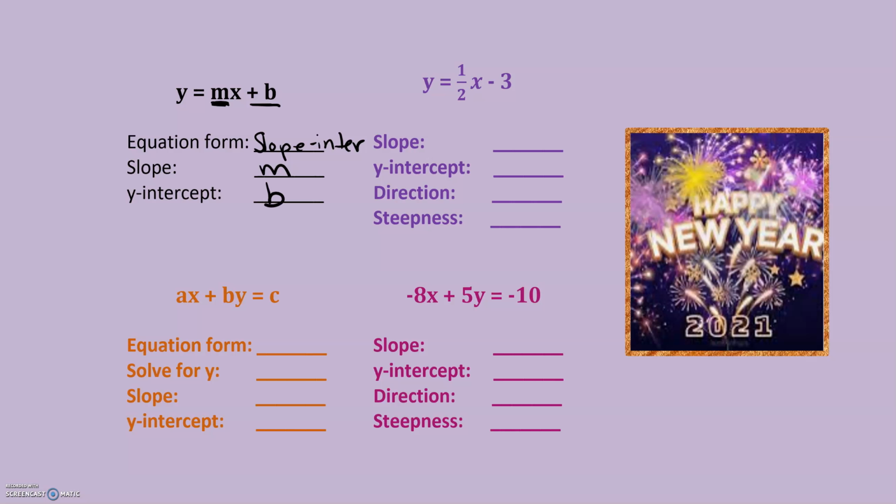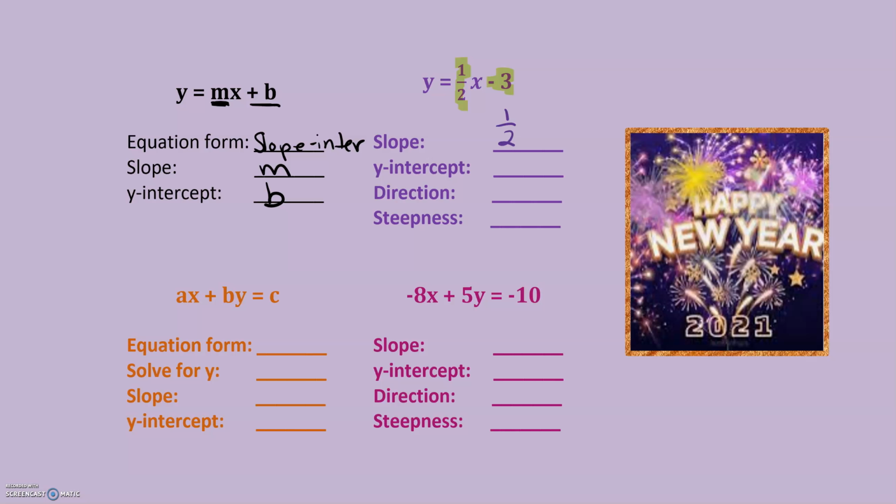So we can use this information and we can determine from y equals 1/2 x minus 3 that the number that's attached to x, again, the coefficient of x, is our slope. So our slope is 1/2. Our y-intercept is just the number on the outside, so it's that -3.